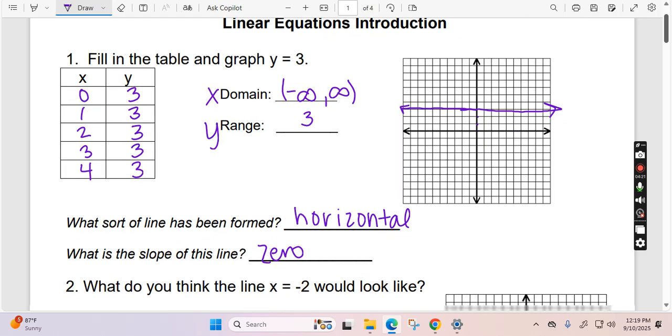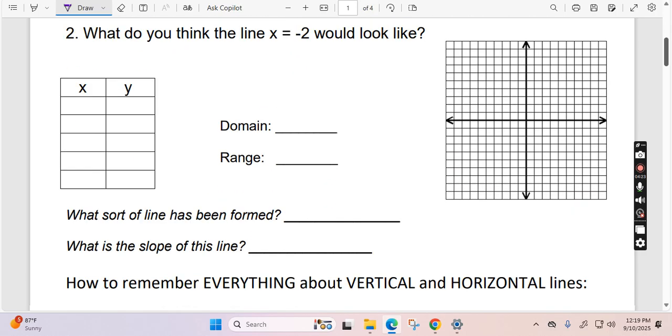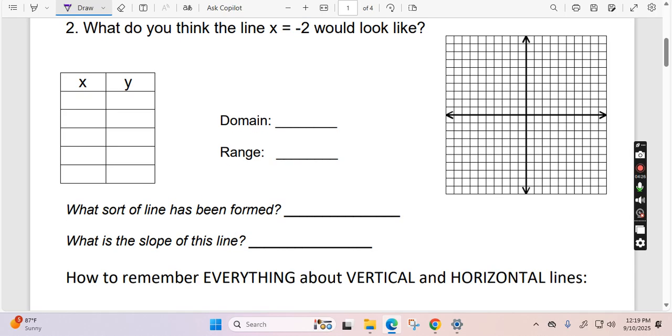Alright, number 2. Okay, it says, what do you think the line of x equals negative 2 would look like? So where am I going to plot my first point out on my graph? Okay. Alright, is it just going to go straight up and down? Alright, because I'm talking about my x values, right? And I'm way off. Okay, let's try again.